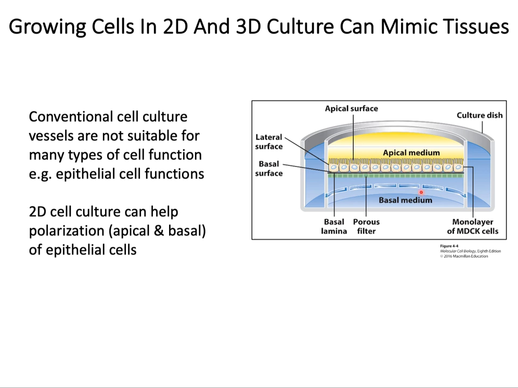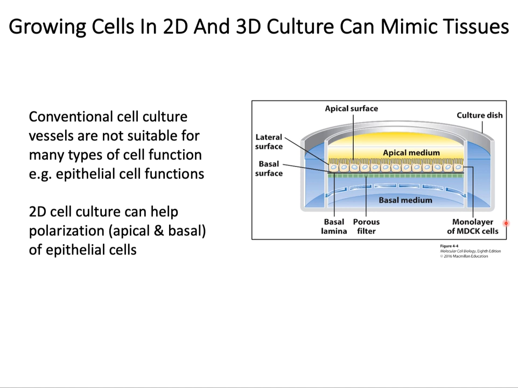Note that the basal media color is blue compared to the yellow apical medium, which denotes the difference in the composition of these two media as observed in the real tissue space in the animal body. The media may vary in pH, ion composition, nutrient composition, etc.